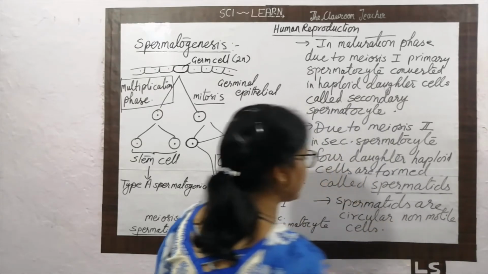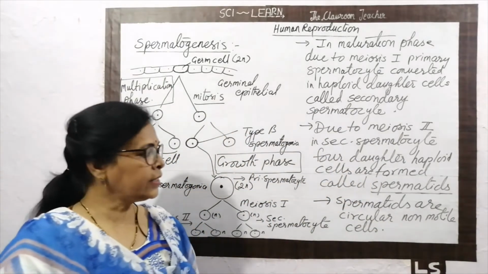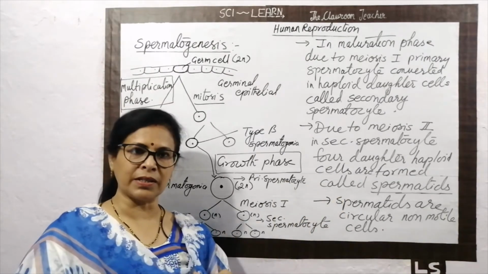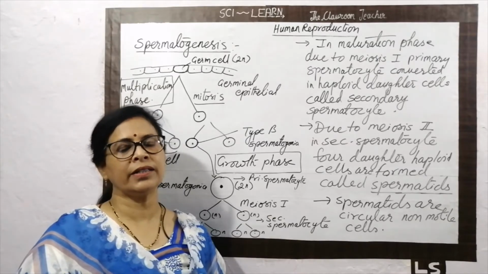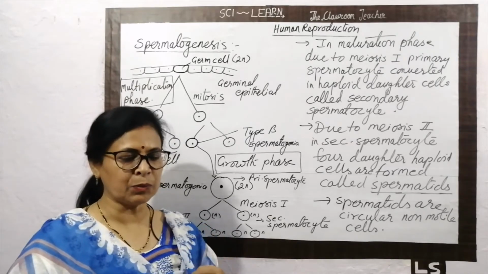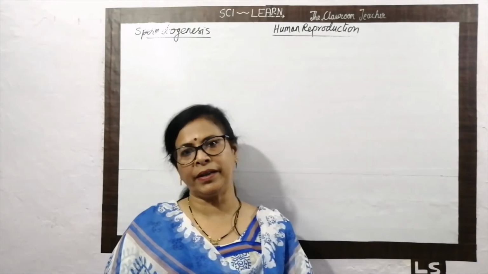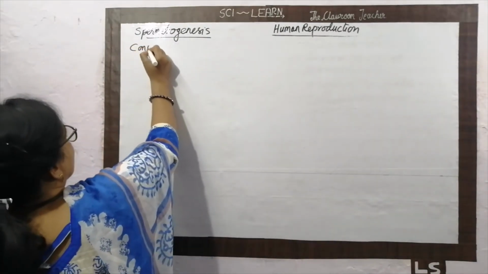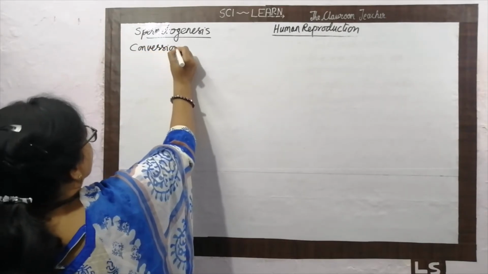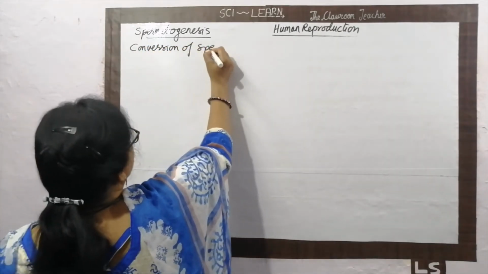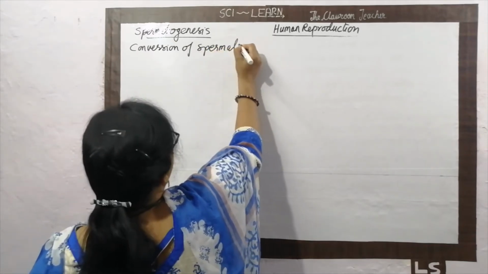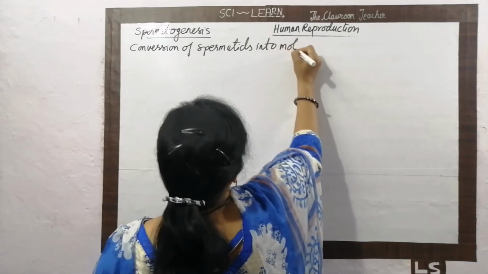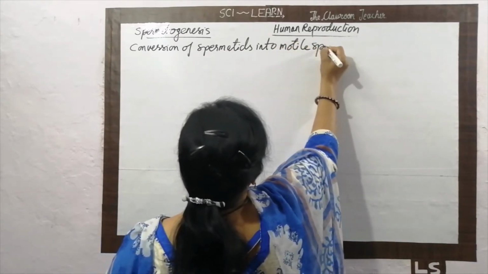And we know that sperms are motile in nature. So spermatids get converted into sperm. The next step is the conversion of spermatids into motile sperm.